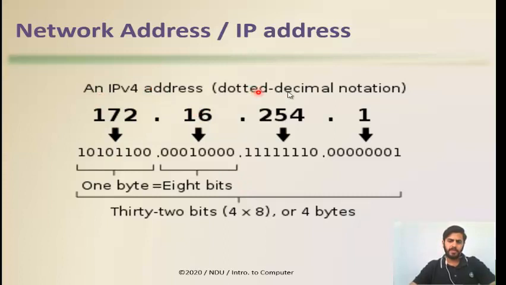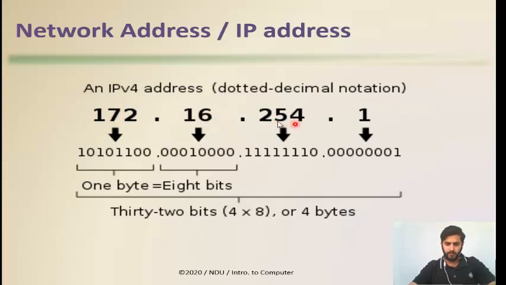It's a dotted decimal notation format, and each octet must not exceed the number 255. There's a logic behind that. We start from 0 and end with the number 255. No digit is available here which exceeds 255.